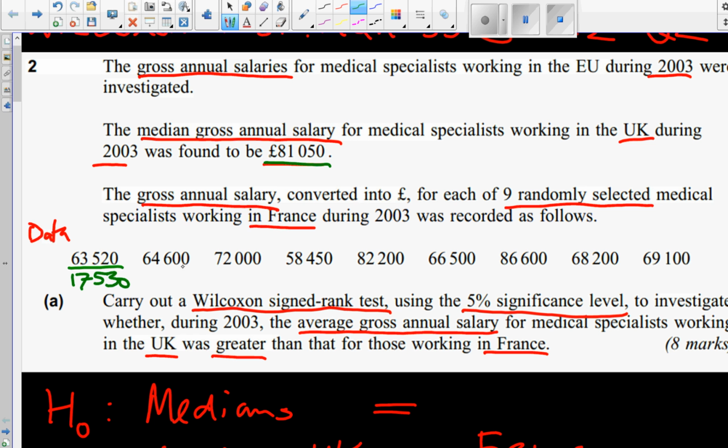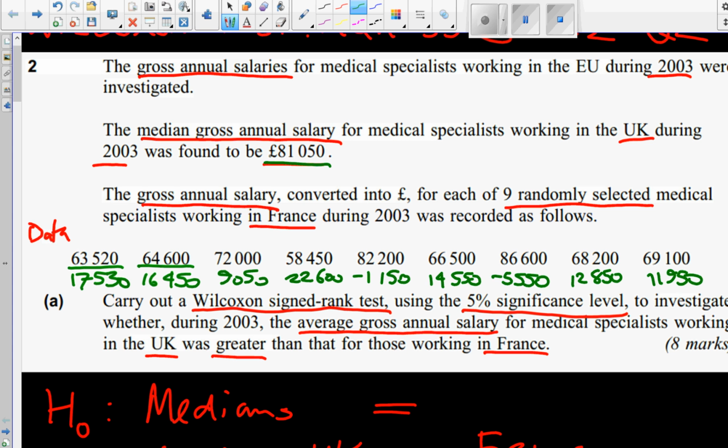If we follow the same line through for the next randomly selected specialist, 64,600 compared to 81,050, we've got a difference of 6,450. Now I'm just going to go through quickly and fill those in rather than make you wait.